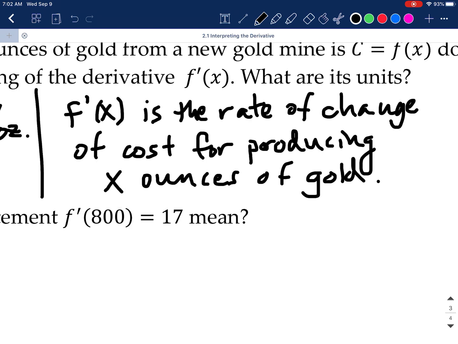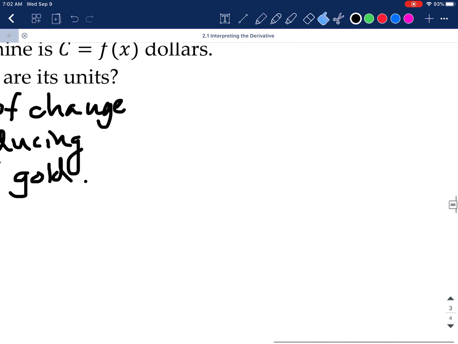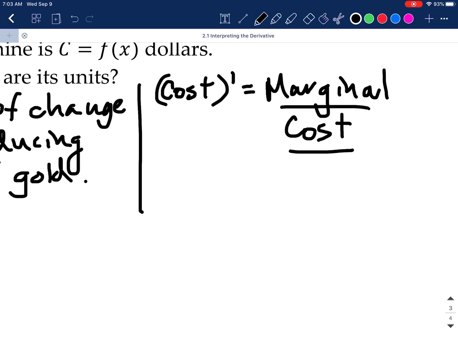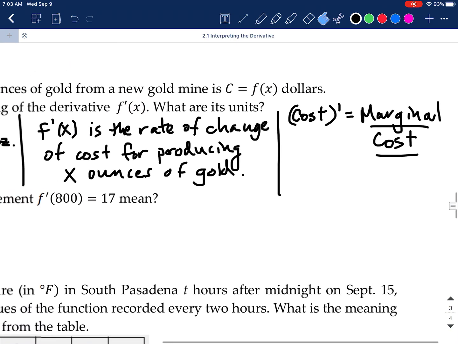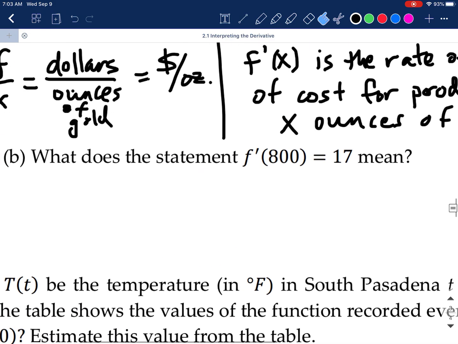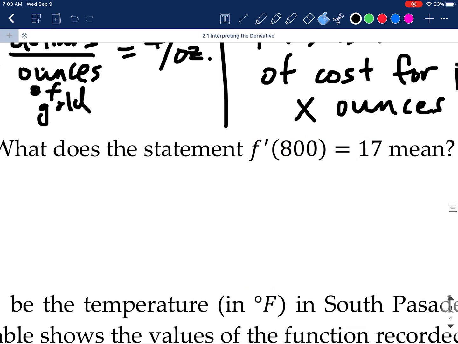And what we normally call this, if we take a cost function and find its derivative, using prime notation, is the marginal cost. So again, this is telling us how the cost is changing as we're producing a certain number of ounces of gold. So then what does f prime of 800 equals 17 mean?